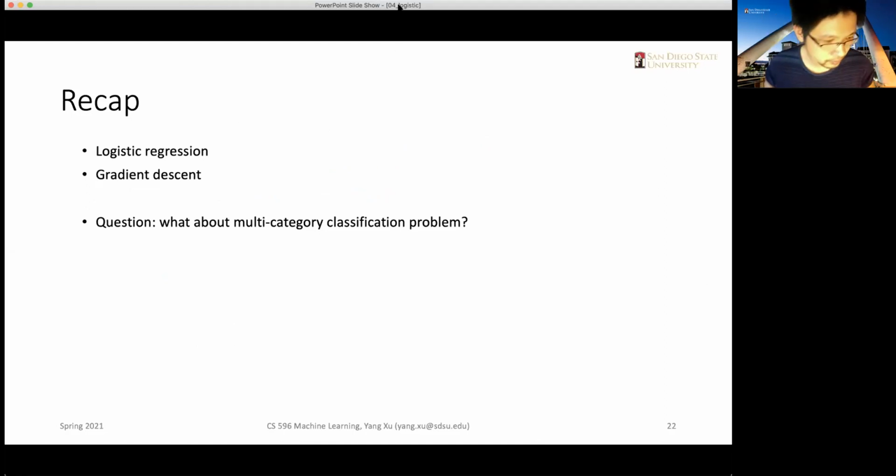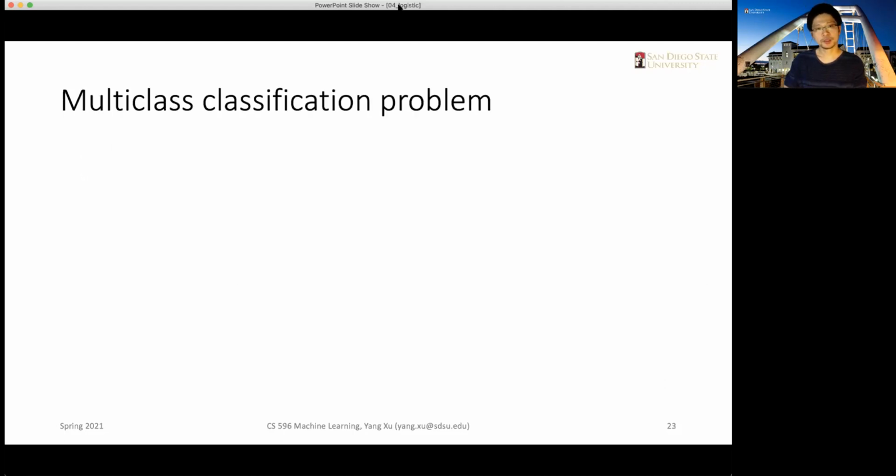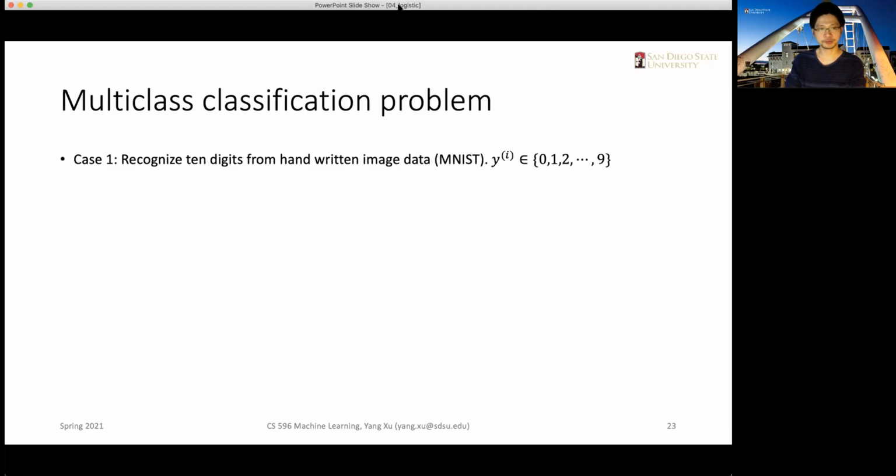But in real world applications, it's very often that we need to make multi-class classification. We want to tell whether this fish is a salmon, or a tuna, or some other kind of fish. So how do we deal with those multi-class classification problems?